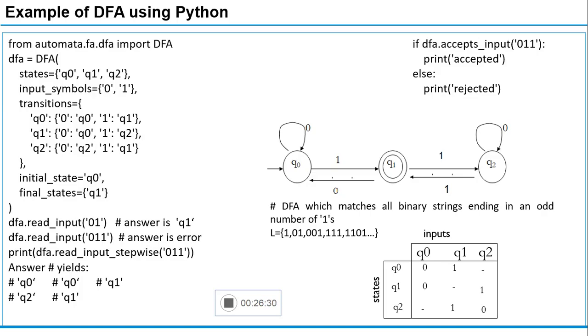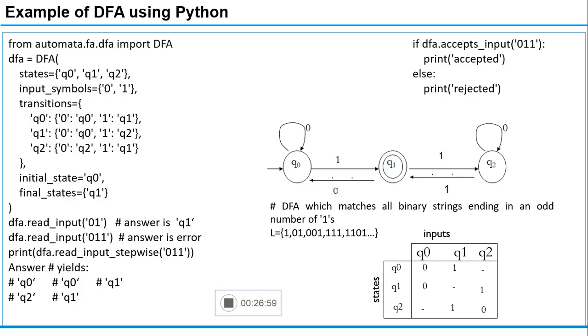Then q0 reading 1 is moving on to q1. Rather than that, it is not moving to q2 at all, so I am just putting it as a dash. In the case of non-deterministic finite automata, there is a possibility of putting epsilon also if it is going to read some empty string. In this case, we don't have such an opportunity, so we just put a dash.